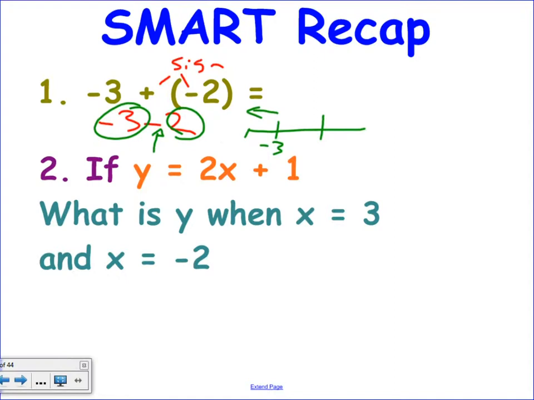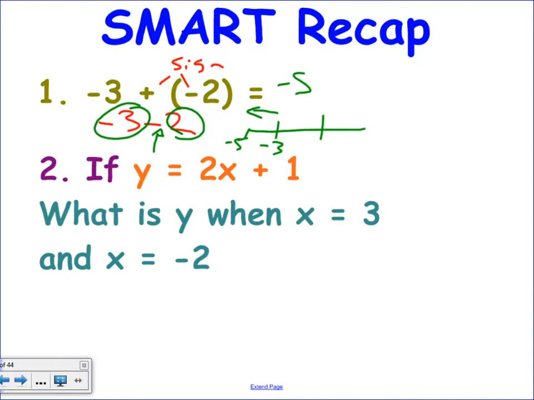So I end up at -5. So -3 plus -2 is -5, because when you resolve the sign conflict, it's -3, -2. I'm starting at -3, going in the negative direction another 2, so I end up at -5. The sooner you can start visualizing this, without having to write the number line down, the sooner you will get every single positive and negative number right when you're adding and subtracting them.